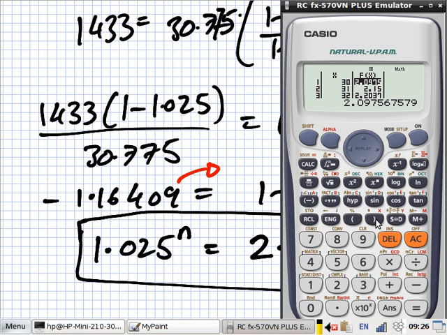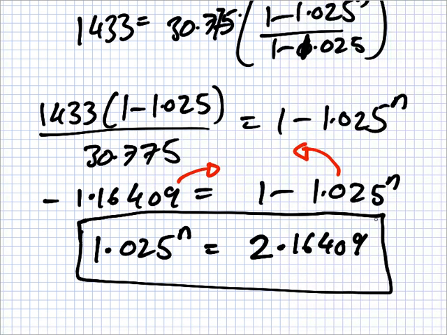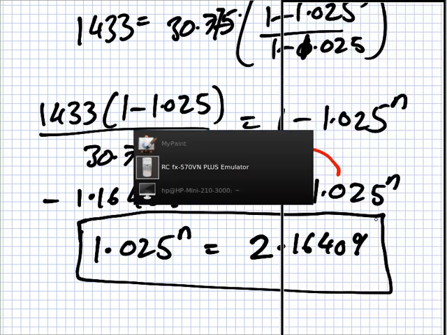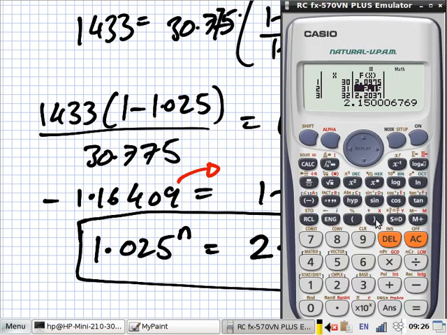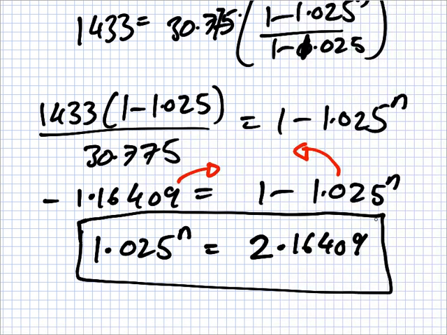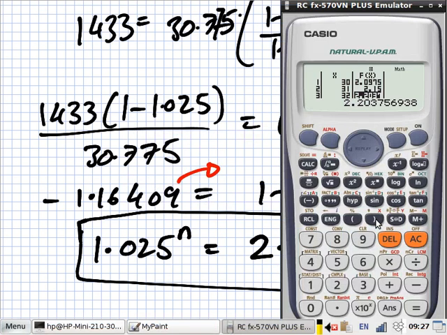Too small. And is 31 too big or too small? Too small. 31.264. Is 32 too big or too small? It's too big. So the answer is somewhere between 31 and 32.